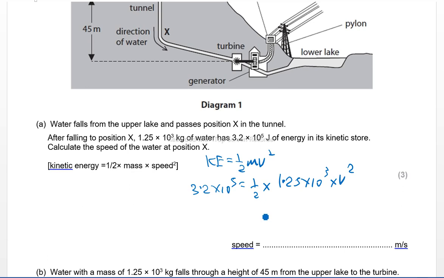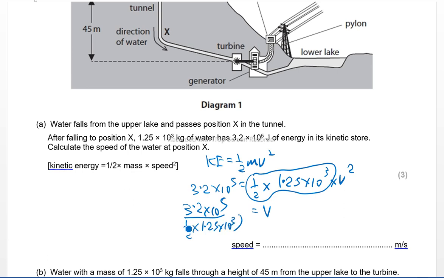When you make v the subject, v squared is equal to 3.2 into 10 to the power 5. Now this whole thing is a multiplication. When you take a multiplication to the opposite side, it becomes a division, right? Divided by half into 1.25 into 10 to the power 3. Okay, children? So this is v squared. When you get the square root of that, it will give the value of v. Okay, children?